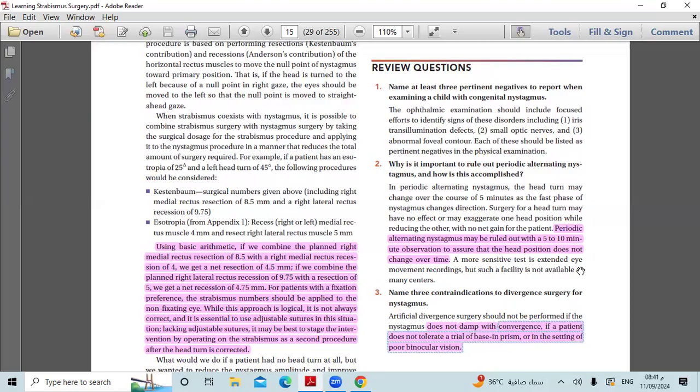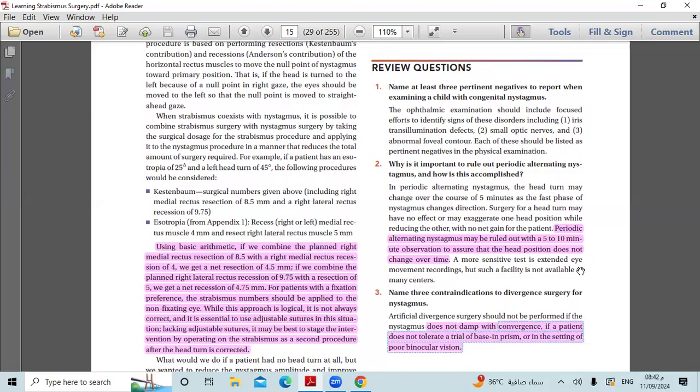Surgery for head turn may have no effect or may exaggerate one head position while reducing the other, with no net gain for the patient. Periodic alternating nystagmus may be ruled out with a 5 to 10 minute observation to assure that the head position does not change over time. A more sensitive test is extended eye movement recordings, but such a facility is not available in many centers.